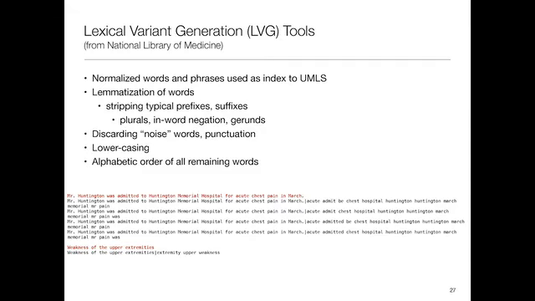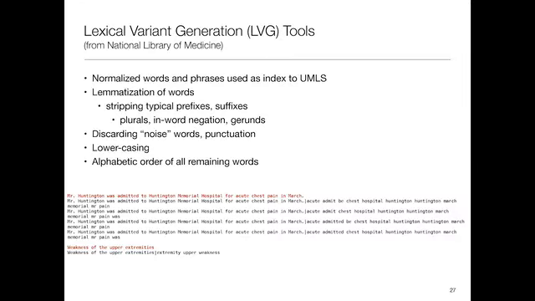There are also some tools that deal with the typical linguistic problems. If I want to say bleeds or bleed or bleeding, those are really all the same concept. And so there's a lexical variant generator that helps us normalize that.